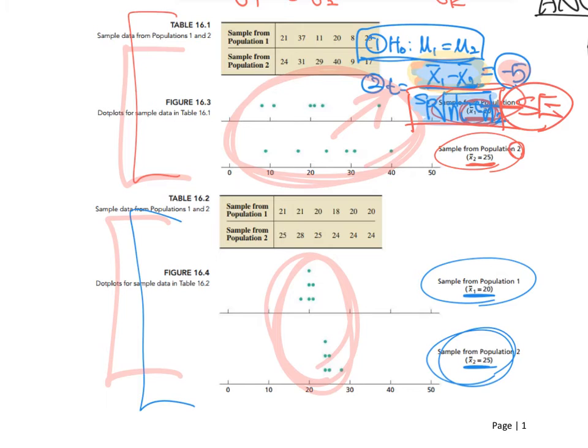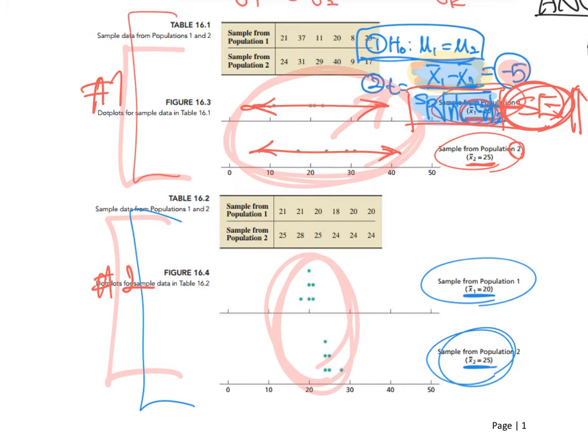Standard error is kind of the standard deviation. Now in example number 1, both have the bigger variance, the bigger standard deviation. That means we have a bigger standard error.